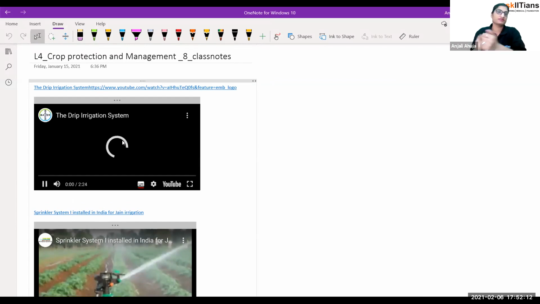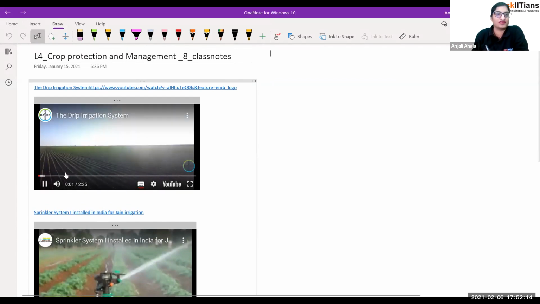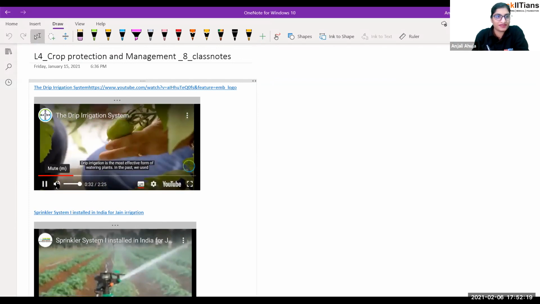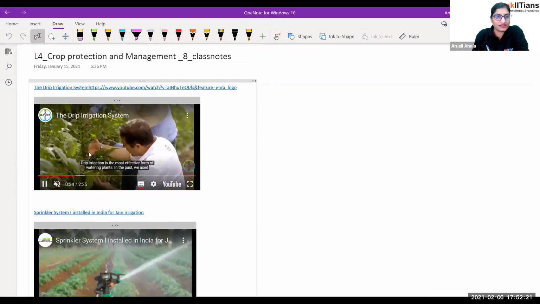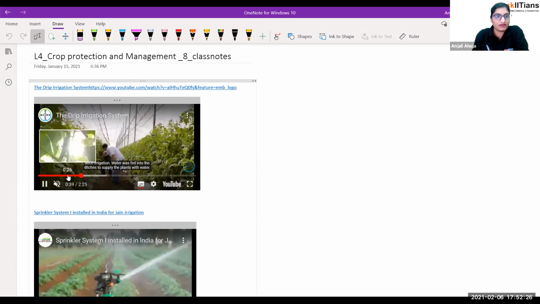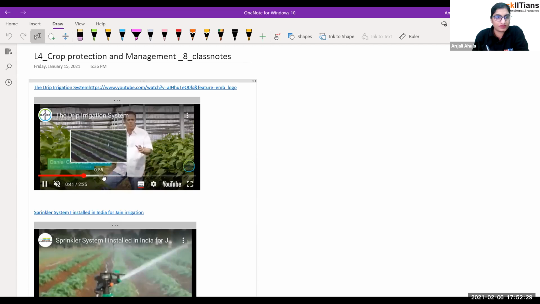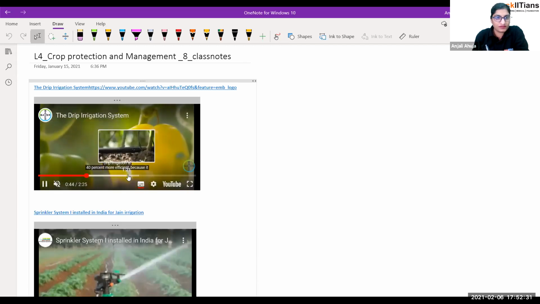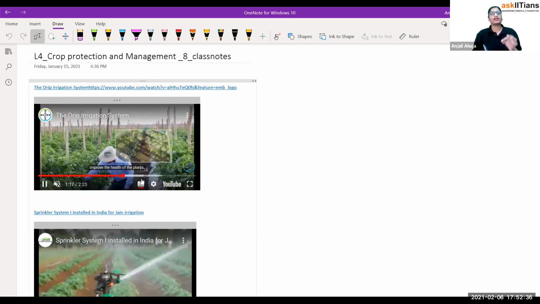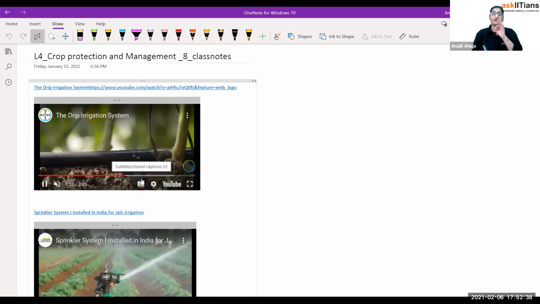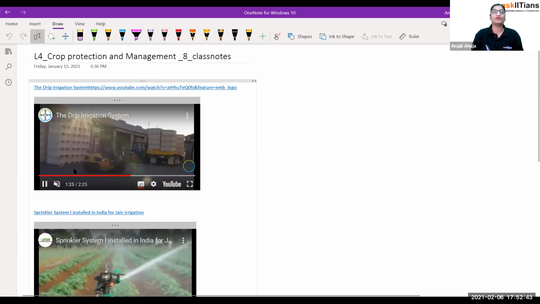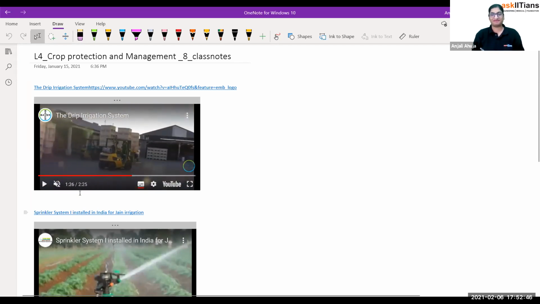See, these are the plants that they're growing, and at the base, in the pipe, water is coming drop by drop. The best point about it is that there's no wastage of water. It's directly going inside the roots. The test video is added in your account. You can watch it.